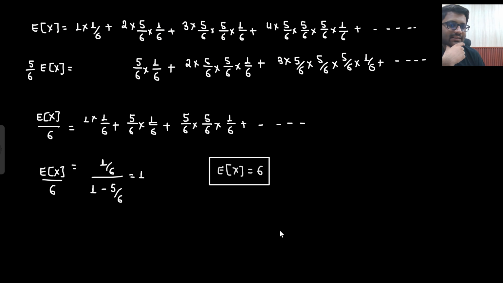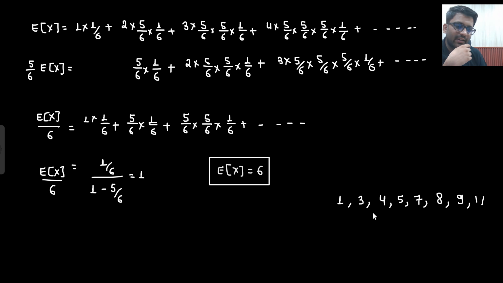Let's just say I design a dice where I can get 8 values: 1, 3, 4, 5, 7, 8, 9, 11.